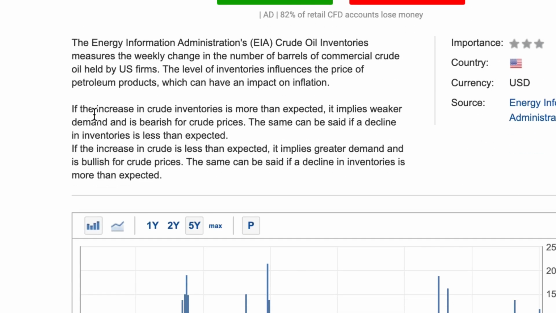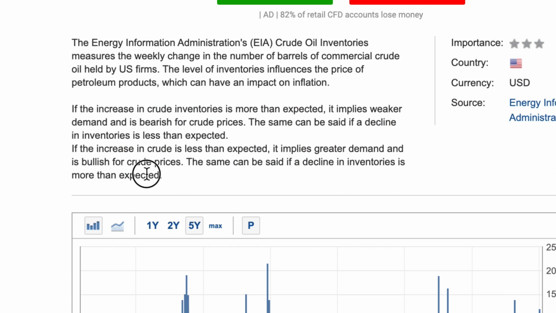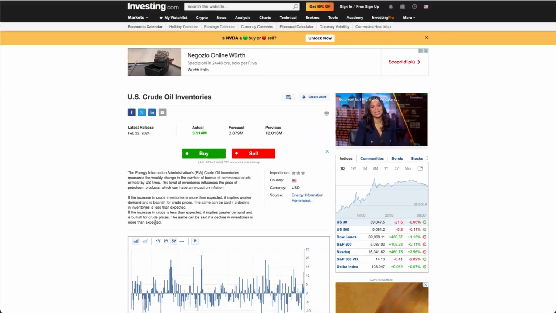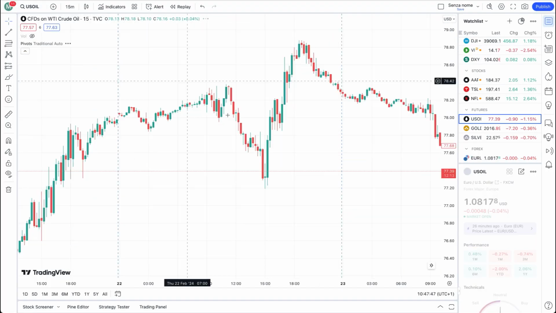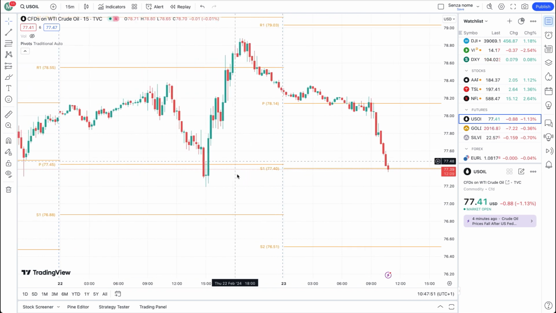The same can be said if a decline in inventories is less than expected. If the increase in crude is less than expected, it implies greater demand and is bullish for crude prices. Indeed, if we look at the US oil chart, at 5 o'clock, the price skyrocketed because the outcome was positive but lower than expected.